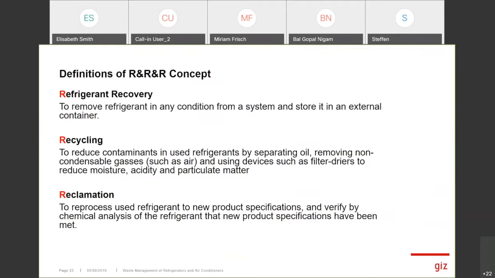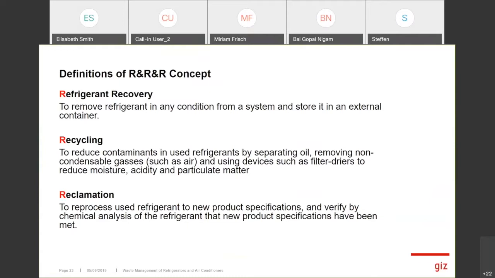So refrigerant recovery is simply to remove the refrigerant in any condition from a system and store it in an external container without treatment. Then the term recycling is to reduce contaminants in used refrigerant by separating oil, removing non-condensable gases such as air, using devices such as filter dryers to reduce moisture, acidity, and particulate matter.